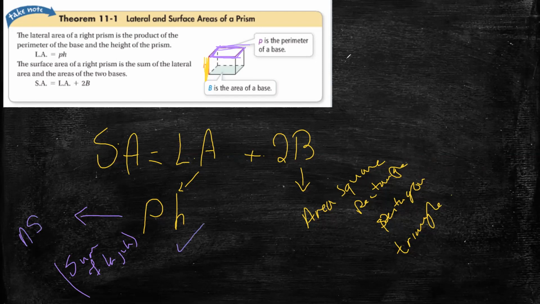And the height is known. When it is known, we can find the lateral area plus the two bases, and we will find the surface area of the shape. This is for the prism, and this will also be for the cylinder. But for the cylinder, since the shape is different, the surface area formula changes.